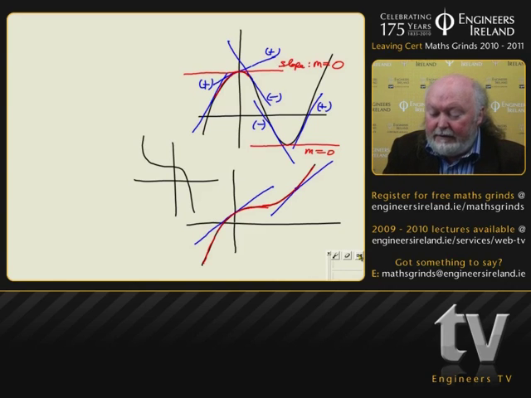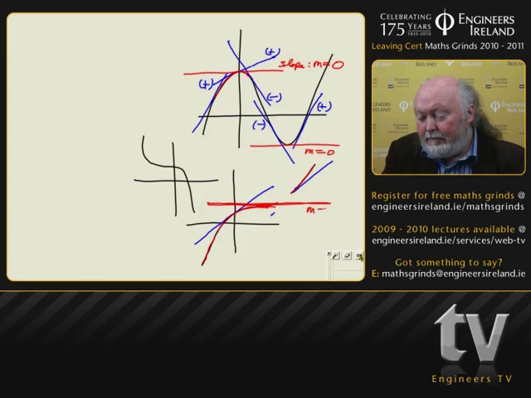In a case like this, you can actually get, now this is not very well drawn, so please forgive me for this. I'll try and do a better job of it. You can get one particular tangent.